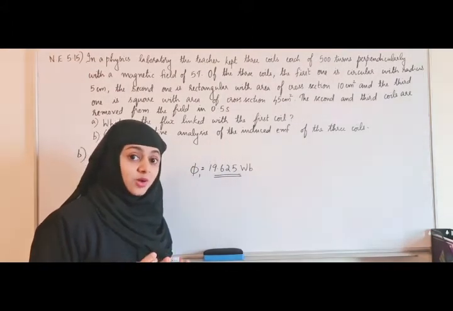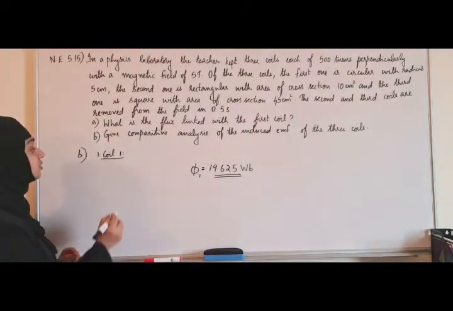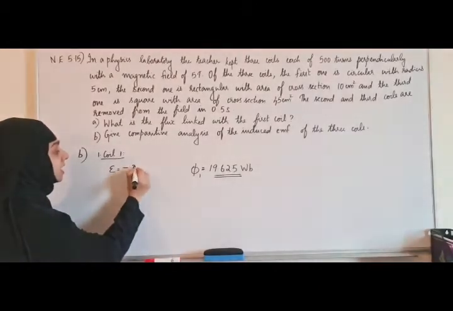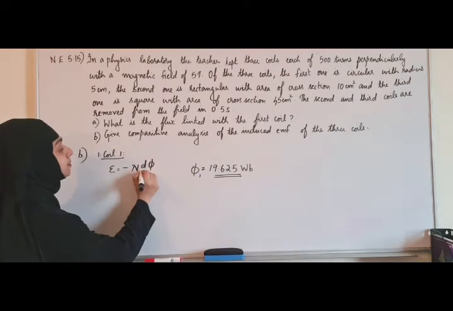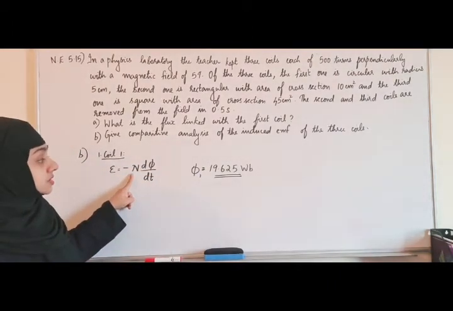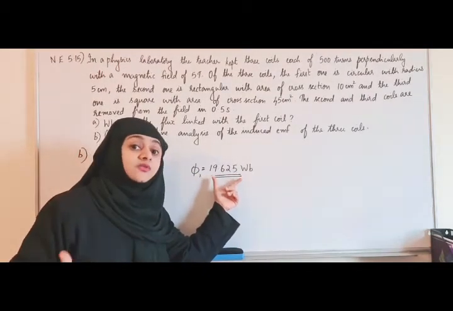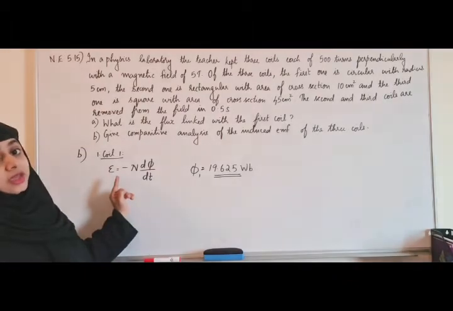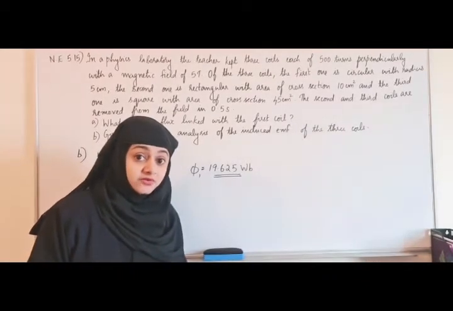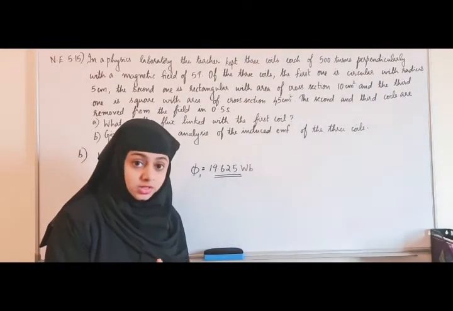By Faraday's law of electromagnetic induction, we know that the induced EMF E is equal to minus N d phi by dt, where N is the number of turns. If we have already used N in finding the total flux, no need to use N again here. And d phi is the change in magnetic flux and dt is the time interval in which it occurs.